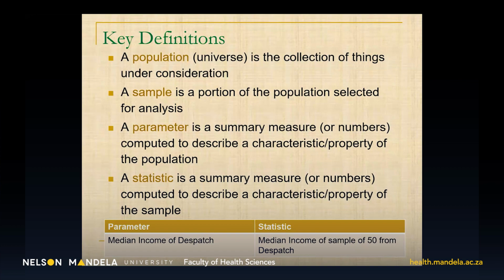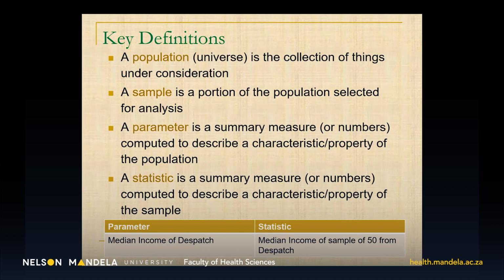reliable sample size. So some definitions here: population, and I've also said here it's a universe. It is the collection of things under consideration. I've given an example: all the people that smoke in PE. That would be a population. And therefore, a sample could be, perhaps, we go and put stations somewhere in the middle of the city in PE and get 50 people.